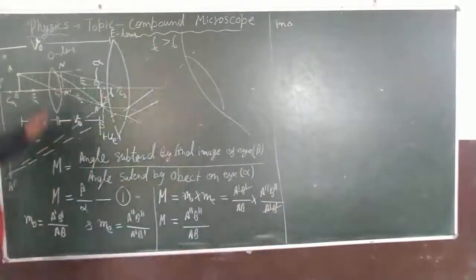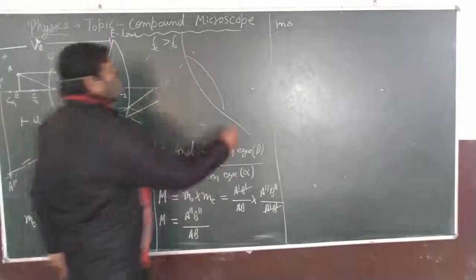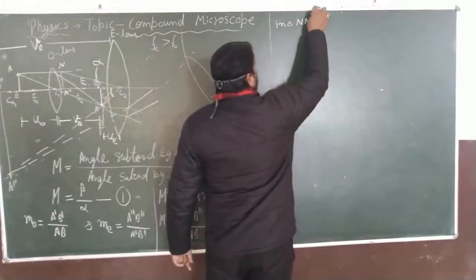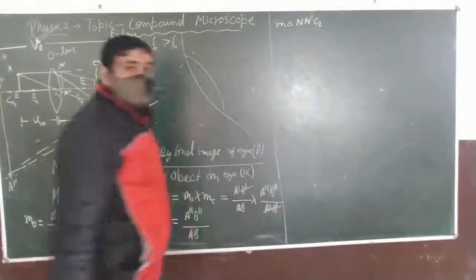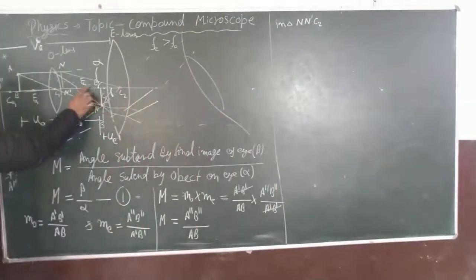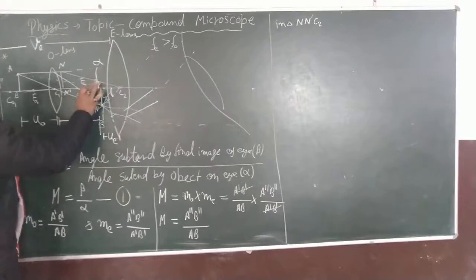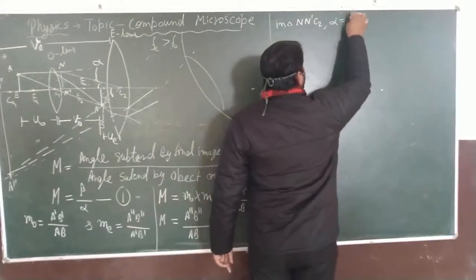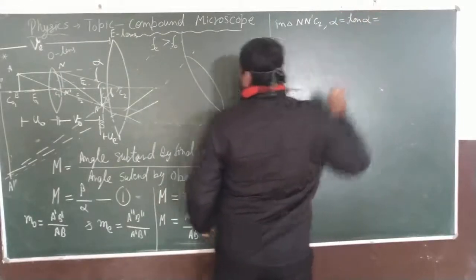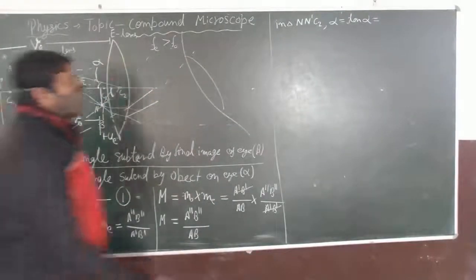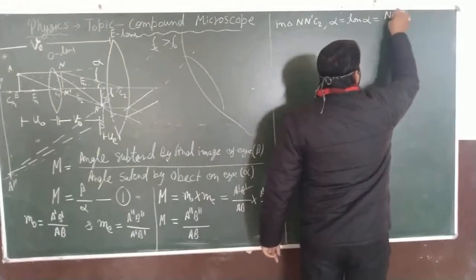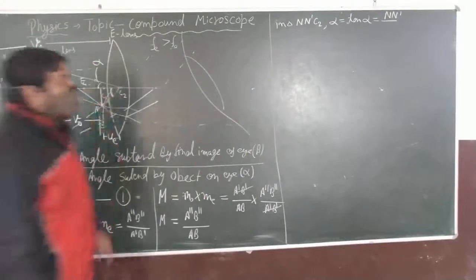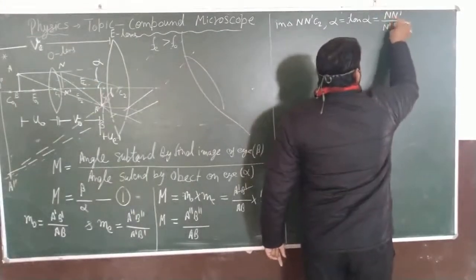Therefore, in triangle L and C2, we get tan alpha is equal to L and upon C2.